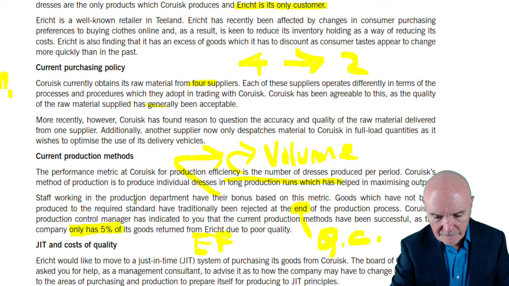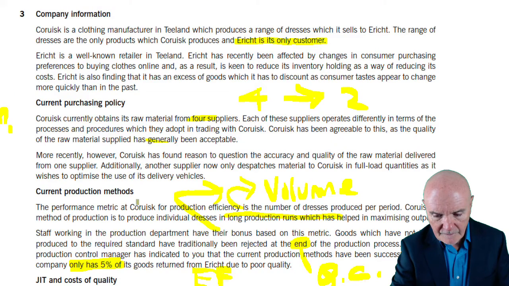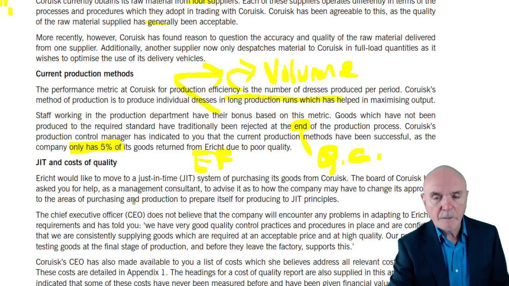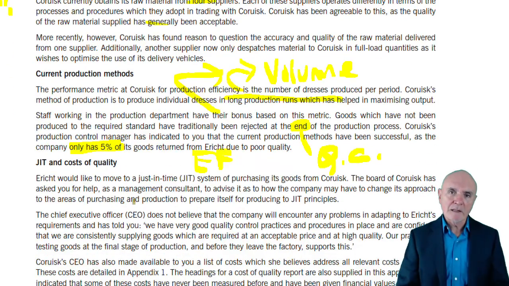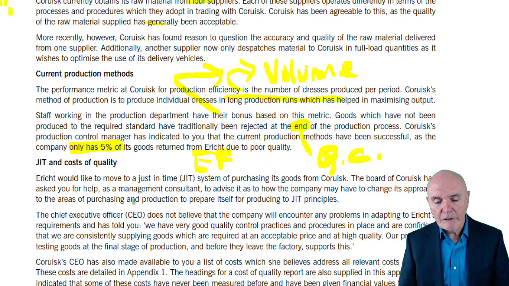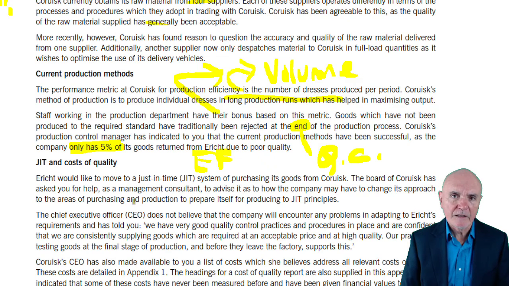I think that's right. Yes, Ericht is our only customer, but presumably Ericht will have many, many suppliers. And I would worry a little bit potentially about that 5%. It seems to be quite a high rejection figure.